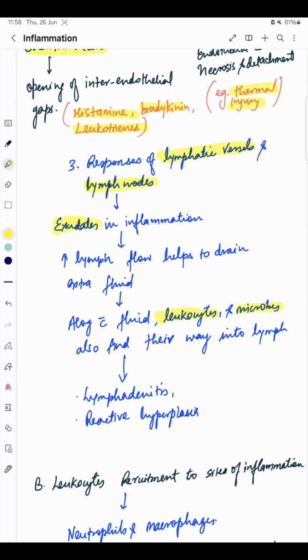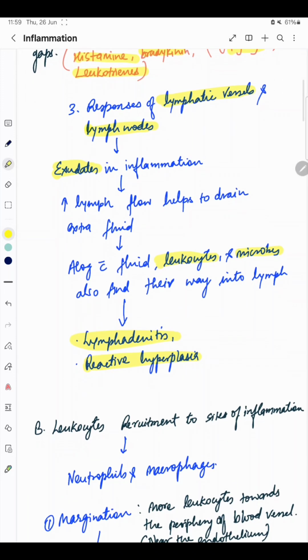As this is of infective etiology, this may result in lymphadenitis or reactive hyperplasia. So it is usually noted in inflammatory conditions that adjacent lymph nodes are swollen or painful because of the drainage of this exudate into the adjacent lymph node.